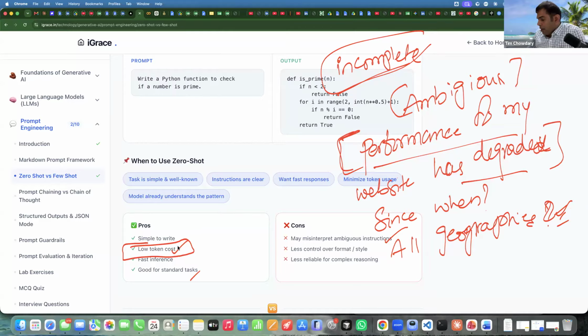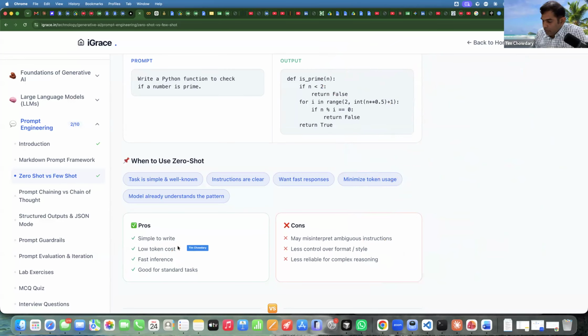Is it slow 24/7, or maybe degraded during peak hours? Without this complete information, your prompt itself is ambiguous. So when defining very critical problem statements, we need to be very precise. We should not think only in terms of cost. Clear so far?